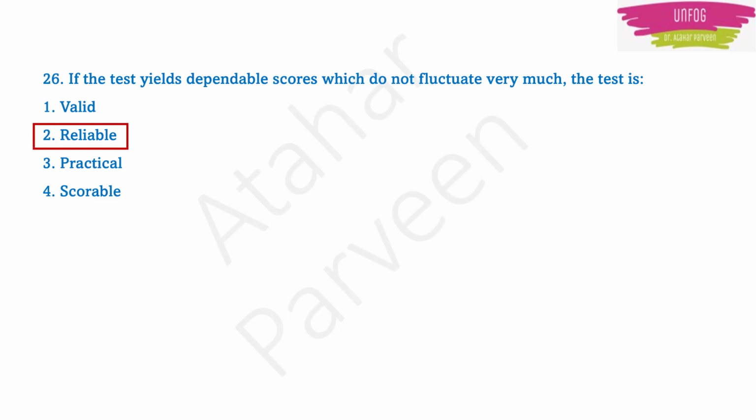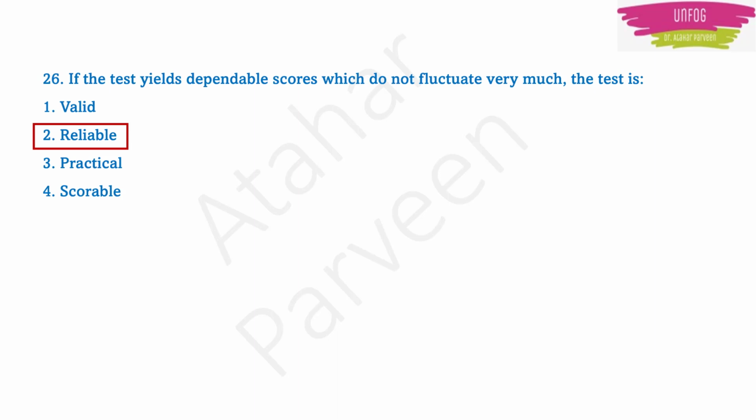If you see the English meaning of reliable, it means you can depend upon it. In Hindi you can say you can have bharosa on it. So the correct answer will be reliable.